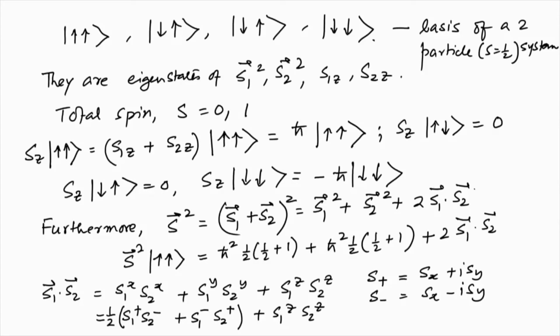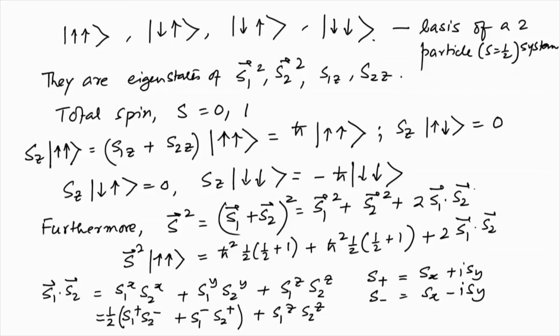Hence, we can see that S square acting on up up, the first term gives 3/4 h cross square, the second term gives 3/4 h cross square as well. Now, we have the 2 S1 dot S2. For the up up state, the raising operator will give 0 because up is the maximally aligned state.